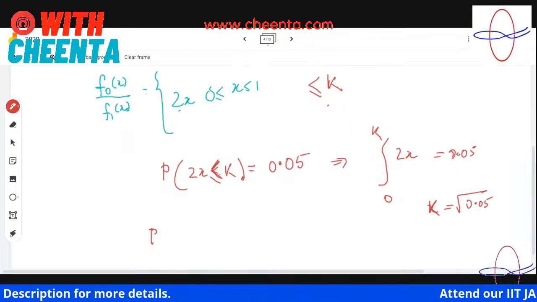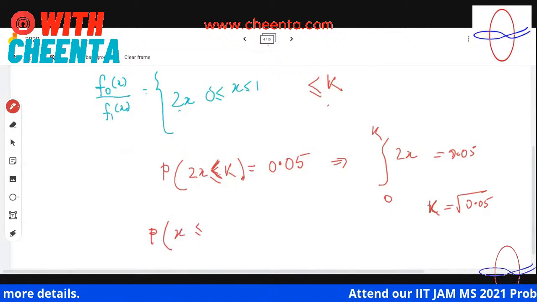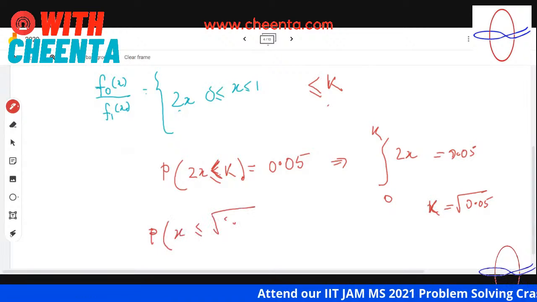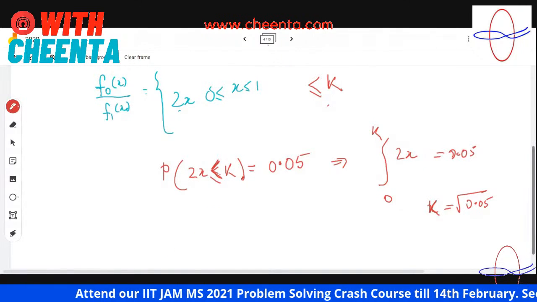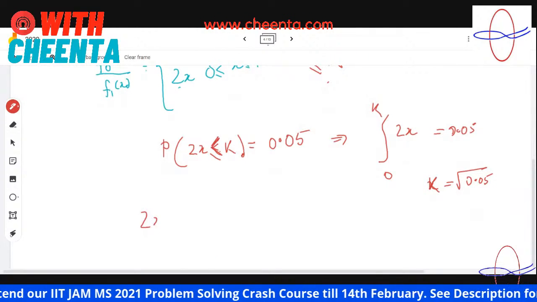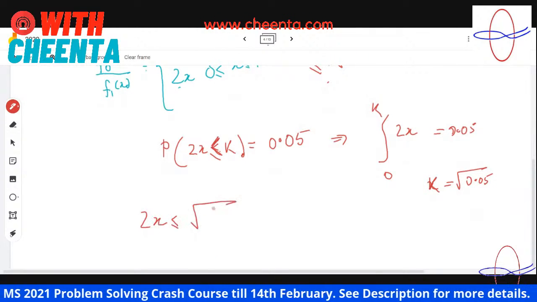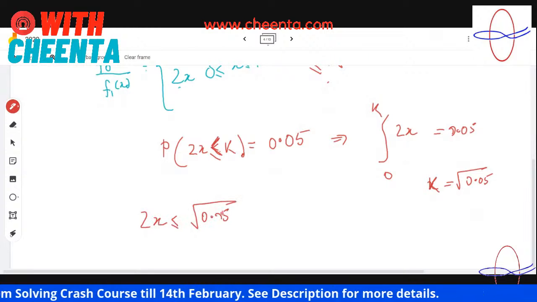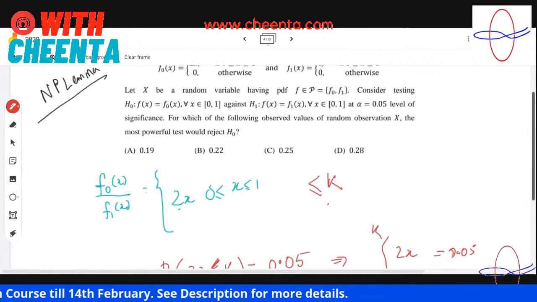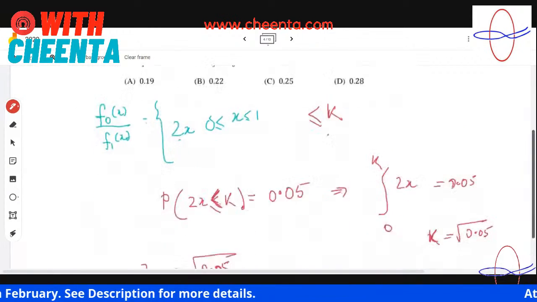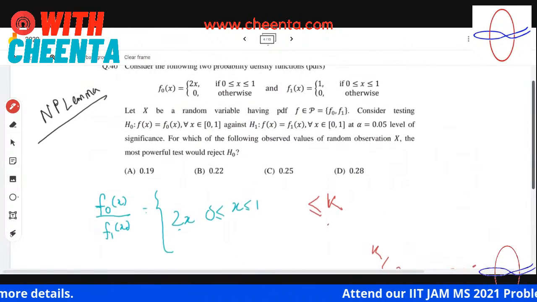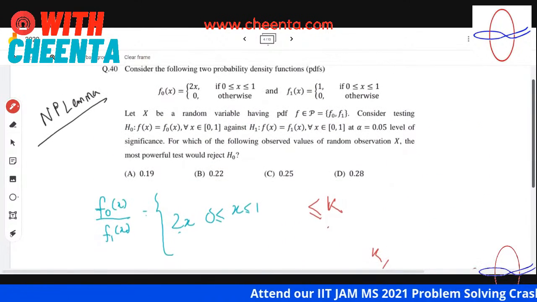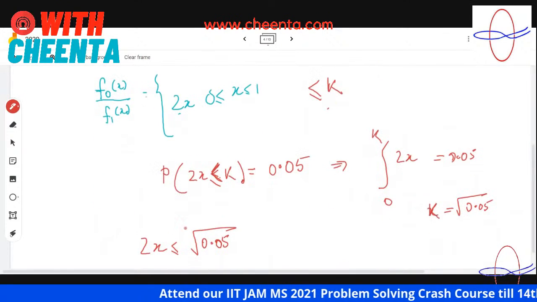So therefore you get probability x is less than or equal to root over 0.05. So therefore the rejection region is this. Twice x is less than or equal to 0.05, right? This is a rejection region. So you have to find out for which values you're going to reject this.